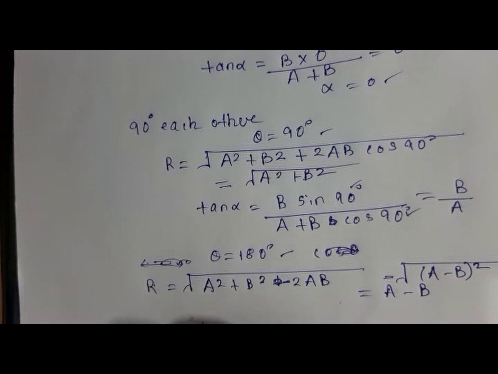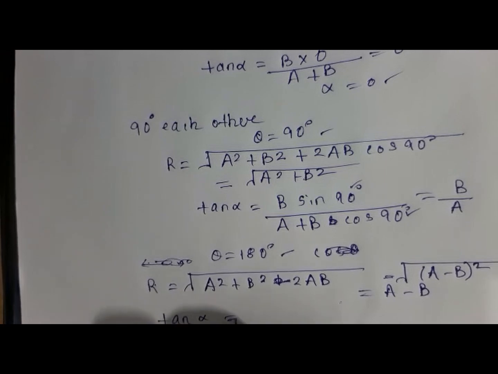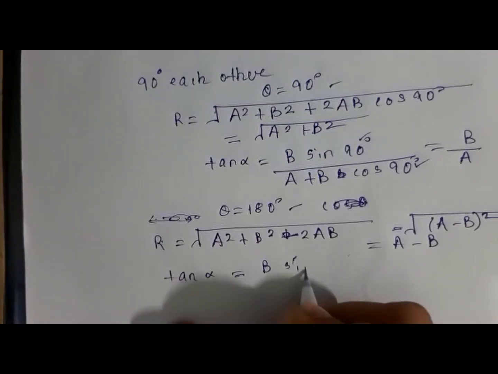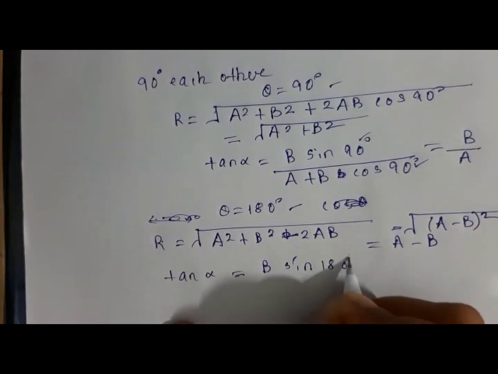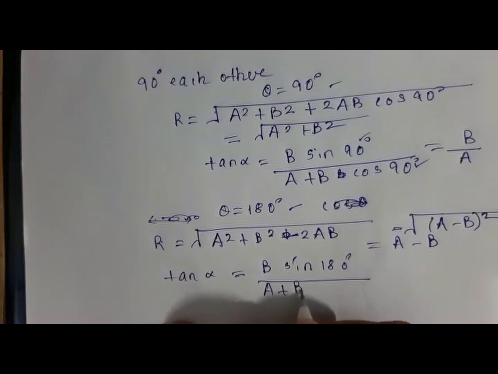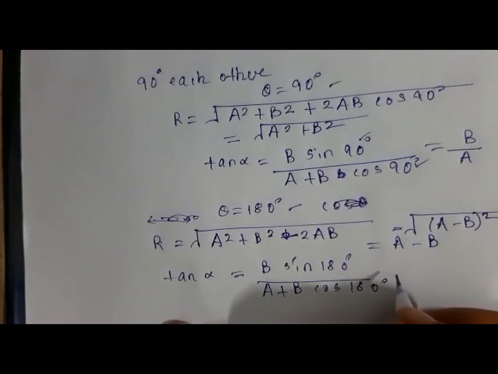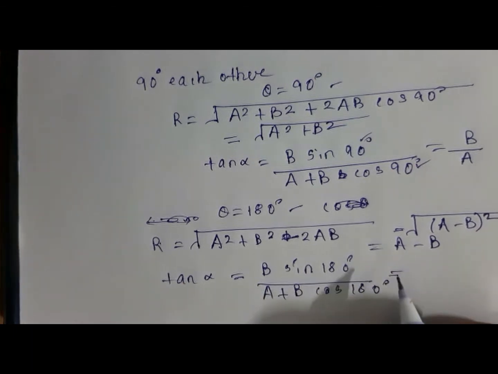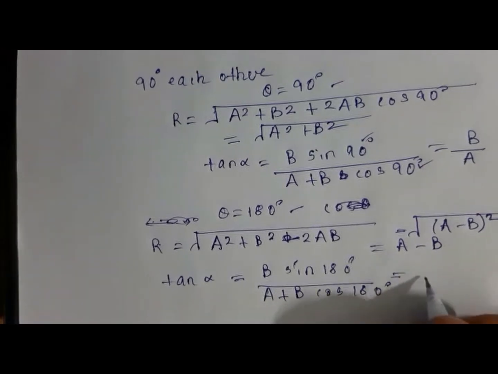Now tan alpha is B sine 180° by A plus B cos 180°. So ultimately you get 0.